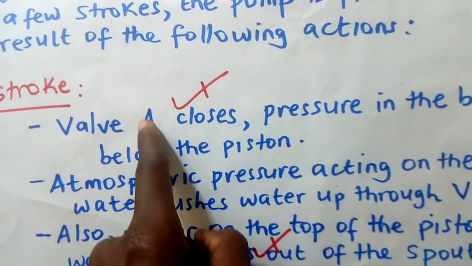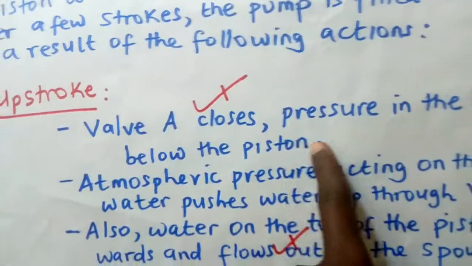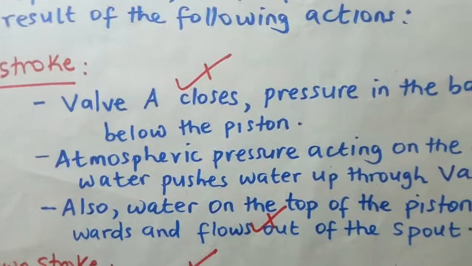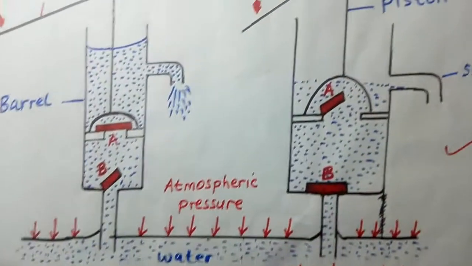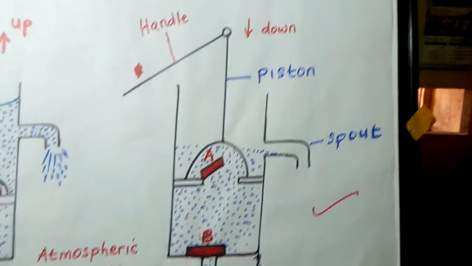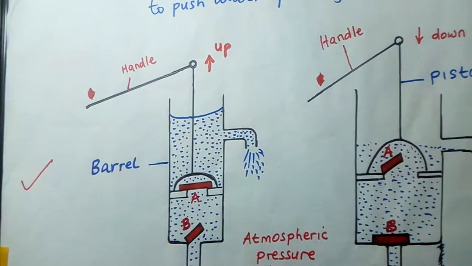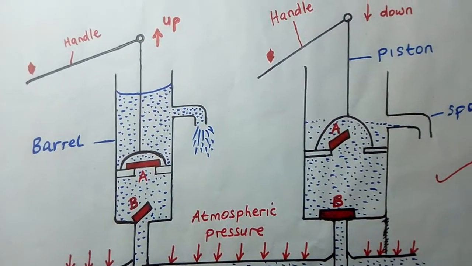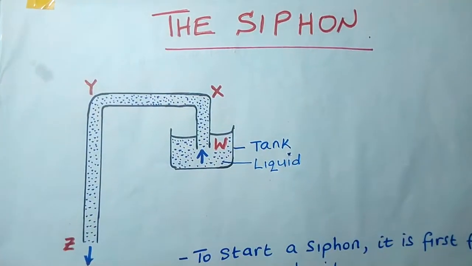You see, valve A closes, pressure in the barrel reduces, so you can see how you get your marks. And by doing this, you be sure that you will get all your marks. Drawing a diagram and labeling, you also get your marks. So one for drawing, one for labeling, and then explanation of what happens during the upper stroke, then during the down stroke.